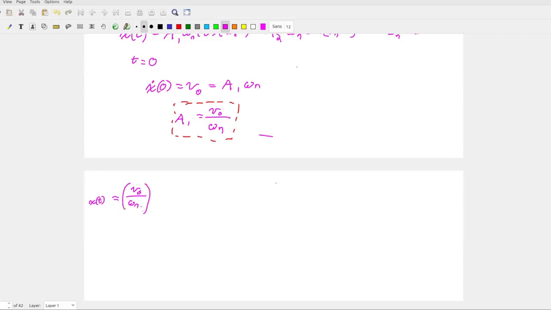It's your initial velocity over the natural frequency of the system, multiplied by the sine of omega n t, plus, I'm going to do big parenthesis, x naught, x subscript 0, that's your initial displacement minus f naught over omega n squared minus omega squared, cosine, I'm going to make that parenthesis a little bit bigger, of omega n t plus f naught over omega n squared minus omega squared cosine of omega t.